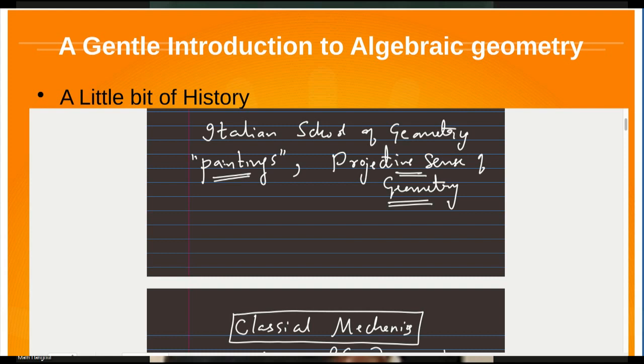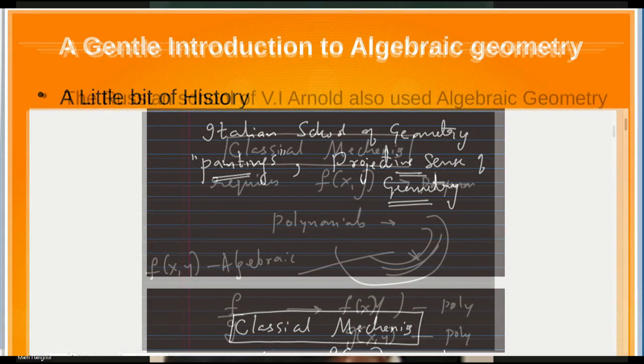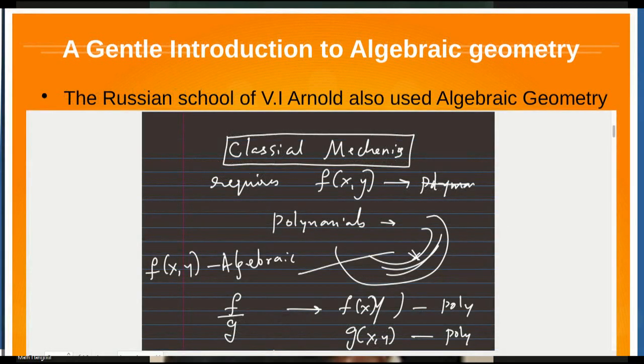And not just polynomials but rational functions f/g, where f(x, y) is a polynomial and g(x, y) is a polynomial. We look at the locus of such a function, and that is one of the motivations.